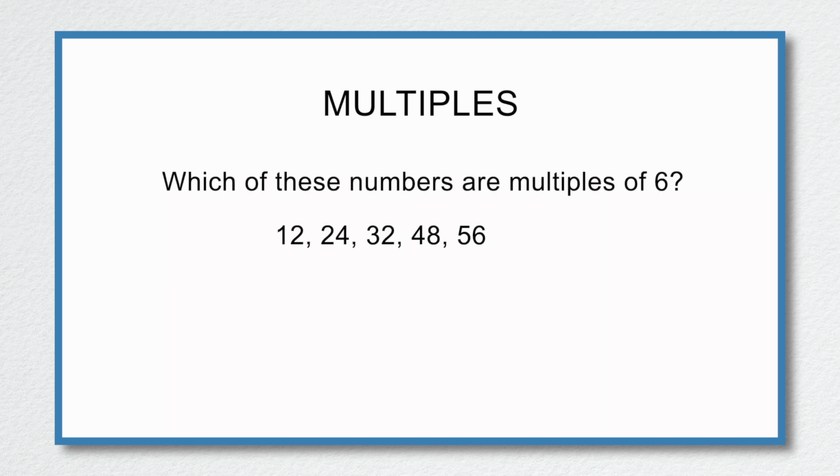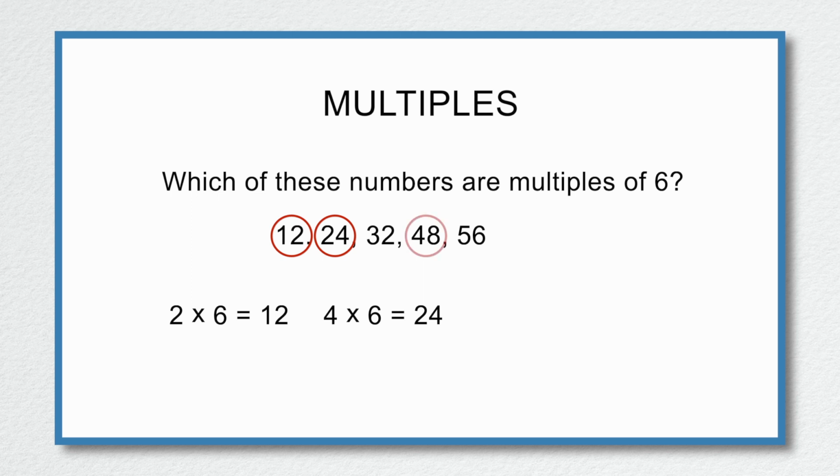You might be given a question looking something like this. Which numbers are multiples of 6? So basically what the question is asking is, do you know your 6 times table? Well, we can see that 12 is in the 6 times table because 2 multiplied by 6 is equal to 12. 24 is also in the 6 times table because 4 multiplied by 6 is 24.